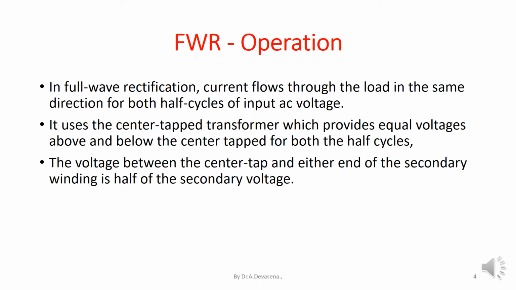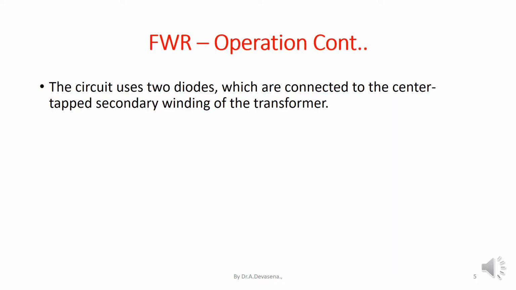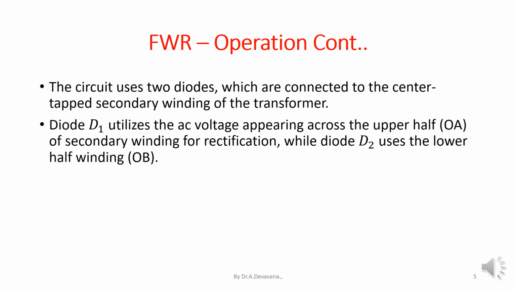The voltage between the center tap and either end of the secondary winding is half of the secondary voltage. The center tap on the secondary winding of a transformer is taken as the ground or zero voltage reference point. The circuit uses two diodes which are connected to the center tapped secondary winding of the transformer.